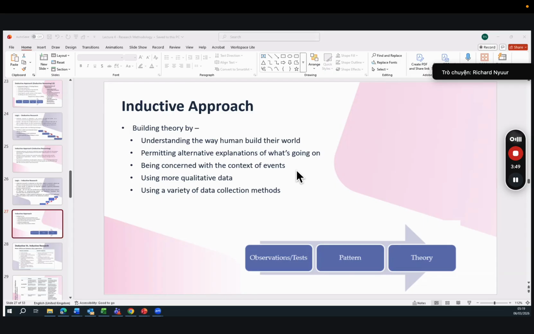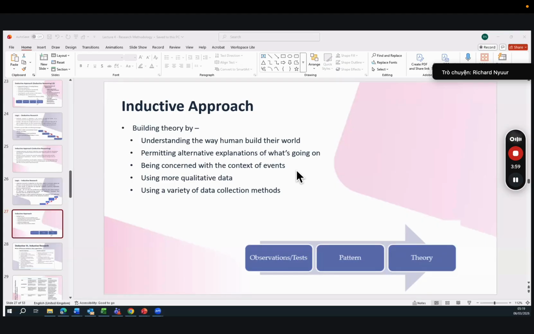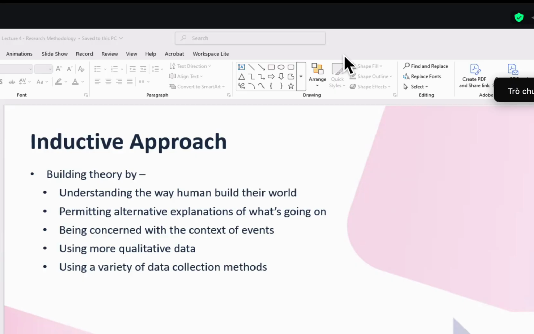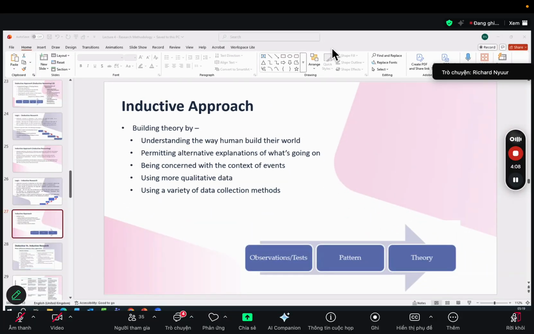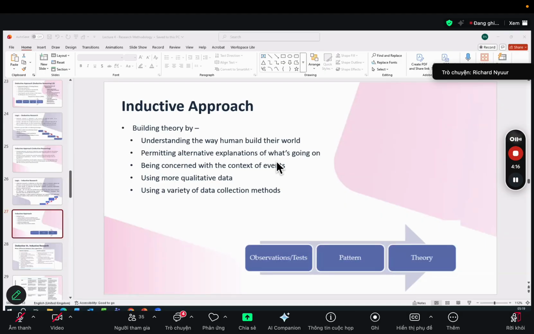So it helps them understand the way humans build their world, permits alternative explanations of what's going on, of a phenomenon, and is always concerned with the context of events, maybe in a particular industry, maybe in a particular country or region, and it uses more qualitative data.